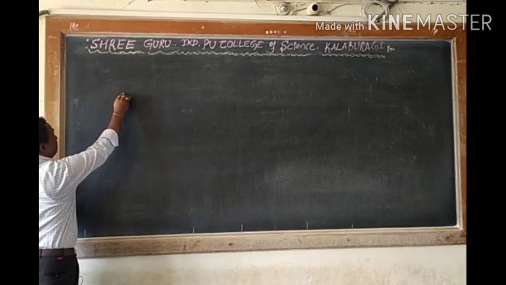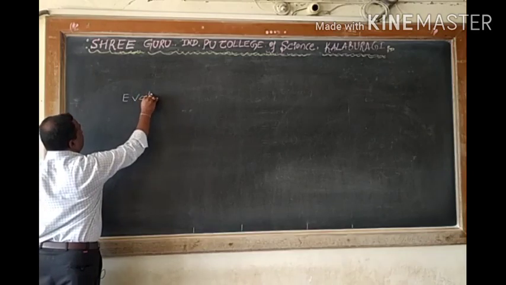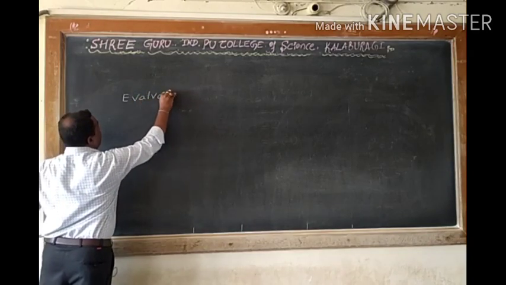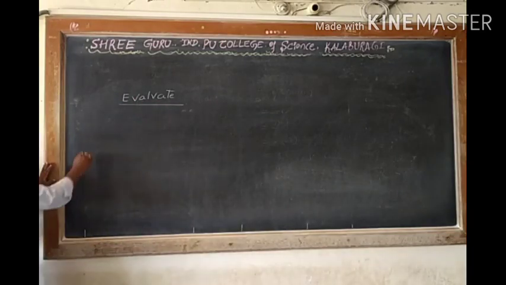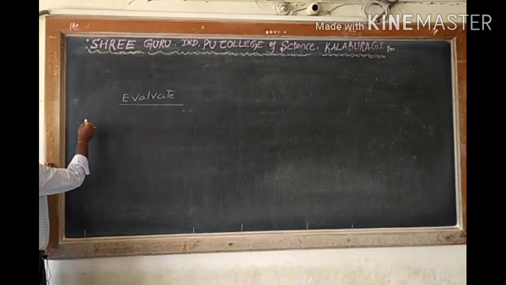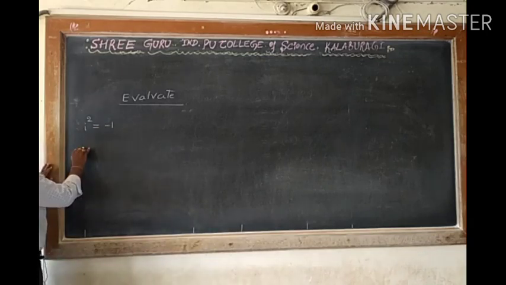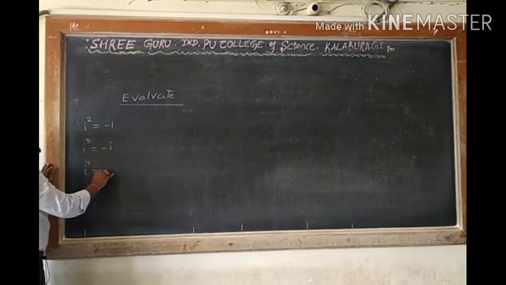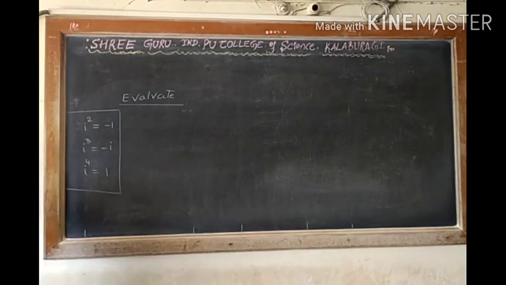Before that, keep in mind three values: i squared is minus 1, i cubed is minus i, i to the power 4 is 1. These three values are very important for finding iota.